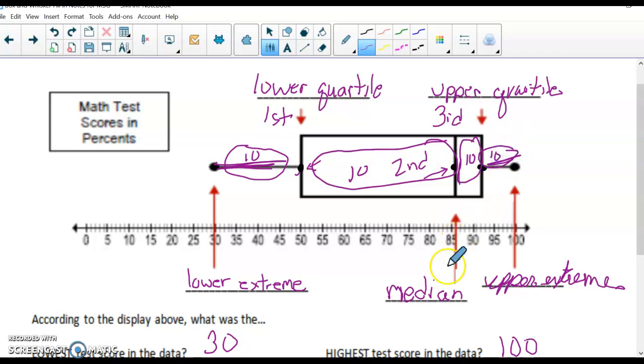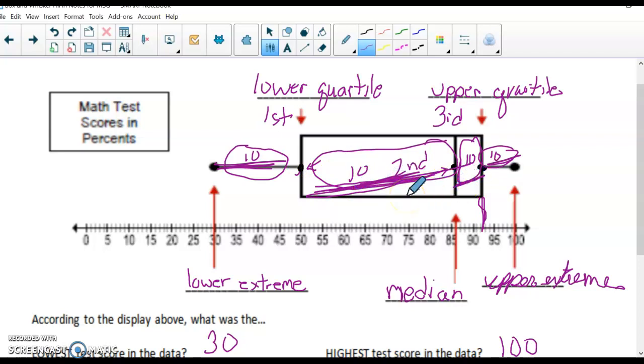So this tells us that there are 10 pieces of data that go from 50 to 86. And then there's 10 pieces of data that go from 86 to about 92. So this just tells us that the data here is really spread far apart and the data here is super close together.